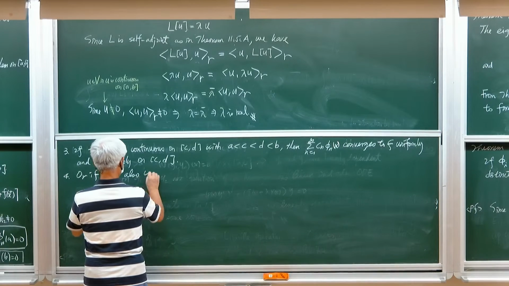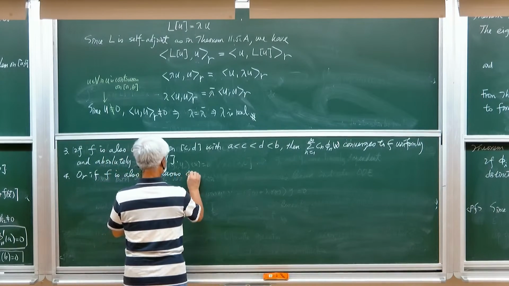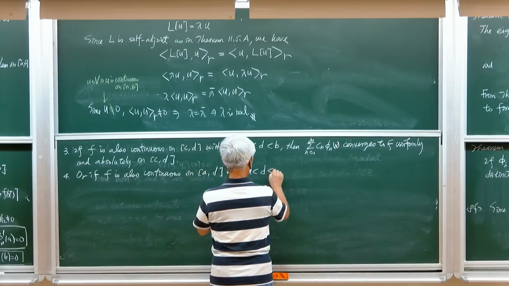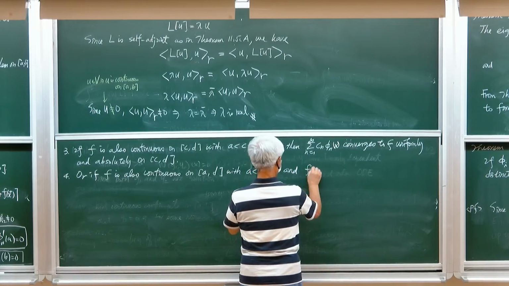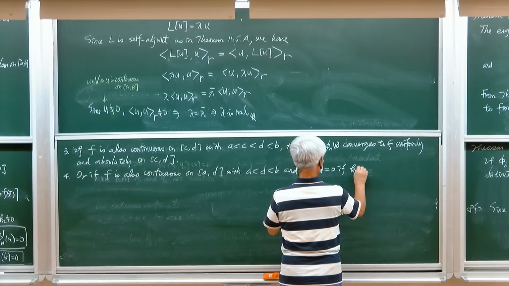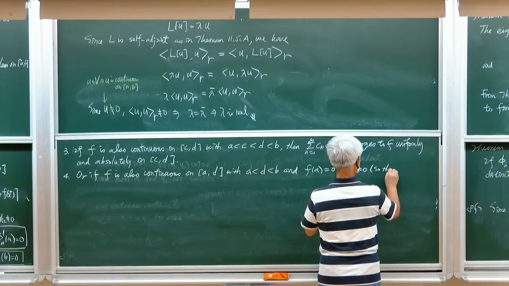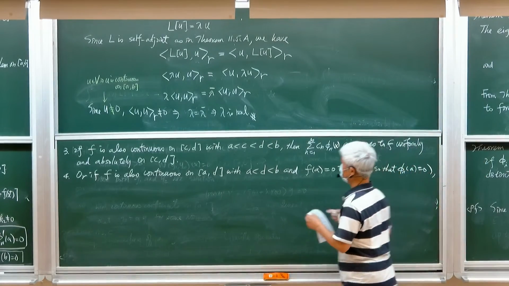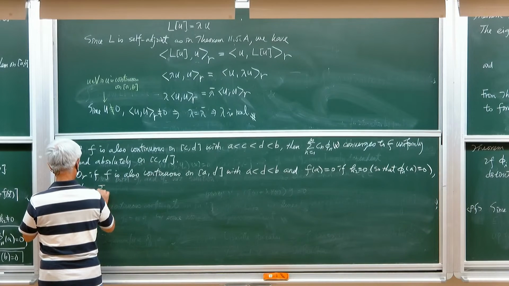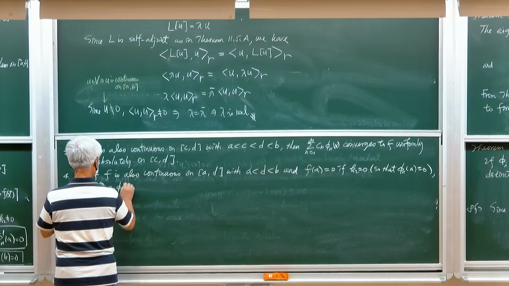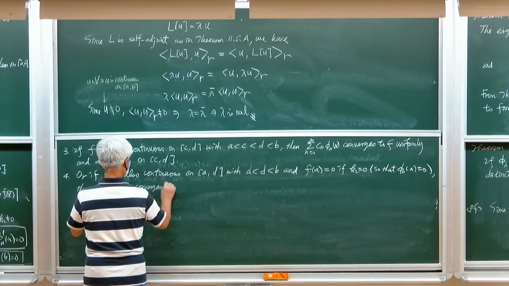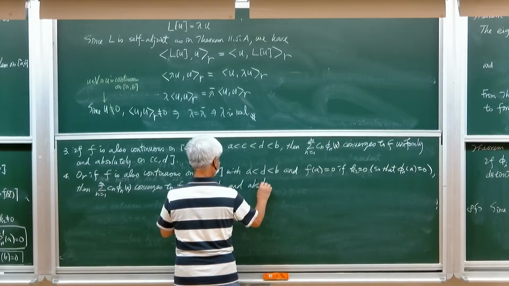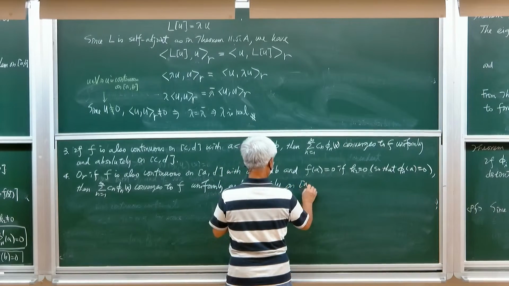If f is also continuous on [a, d] with a less than d less than b, and f of a is 0 if k2 is 0, so that phi n of a is 0, then the generalized Fourier series will converge to f uniformly and absolutely on [a, d].